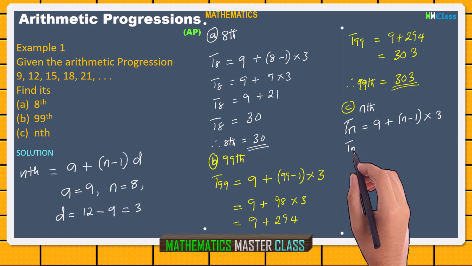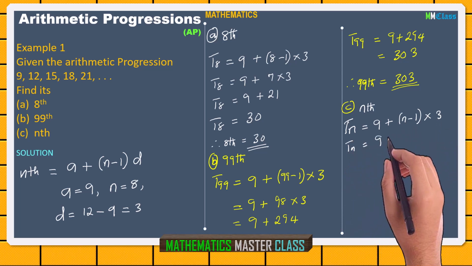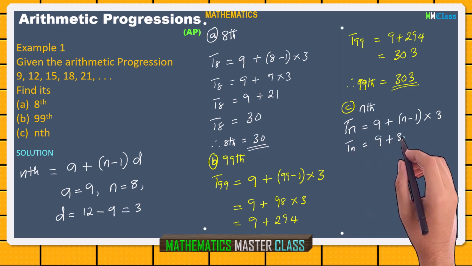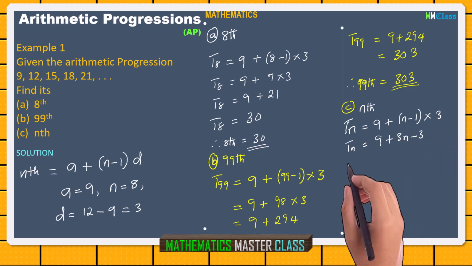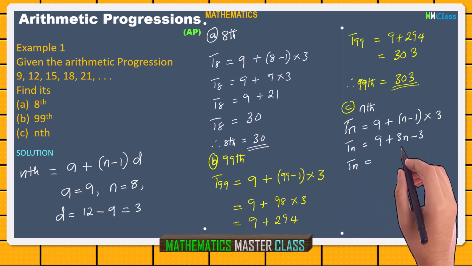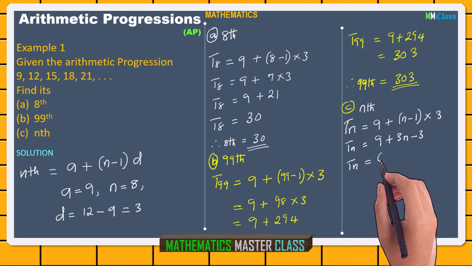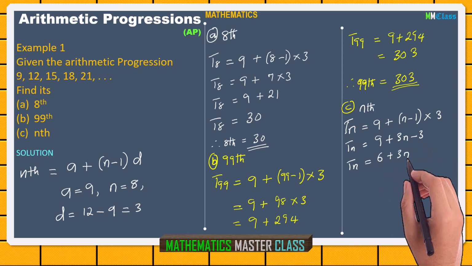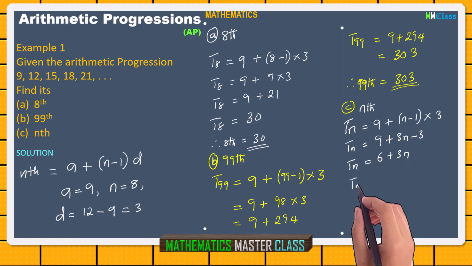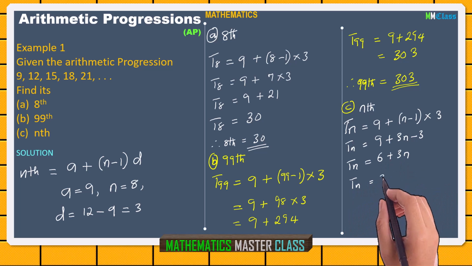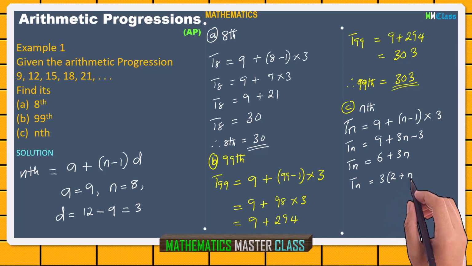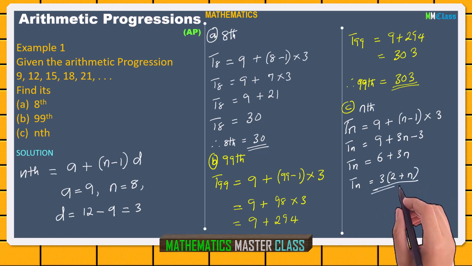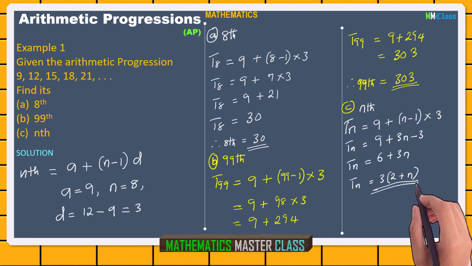So Tn is equal to 9 plus 3 times n, which gives 3n, and 3 times minus 1, which gives minus 3. Collecting like terms, 9 minus 3 gives us 6 plus 3n. Tn is equal to 3, which is common, so we bring it out, and we are left with 2 plus n. This is our final answer. You can also stop here as your final answer.